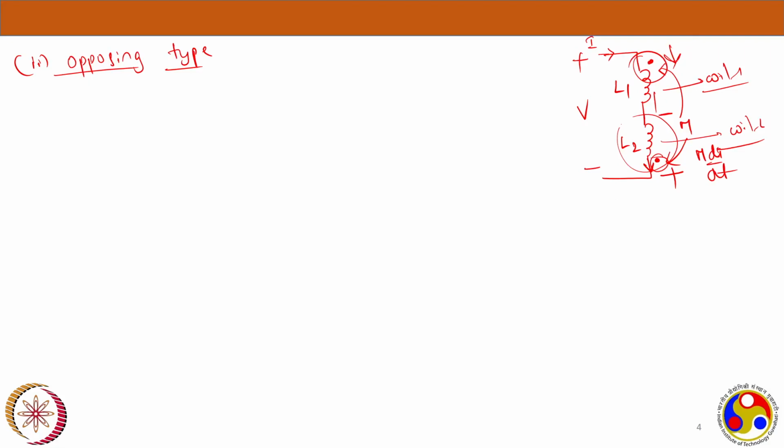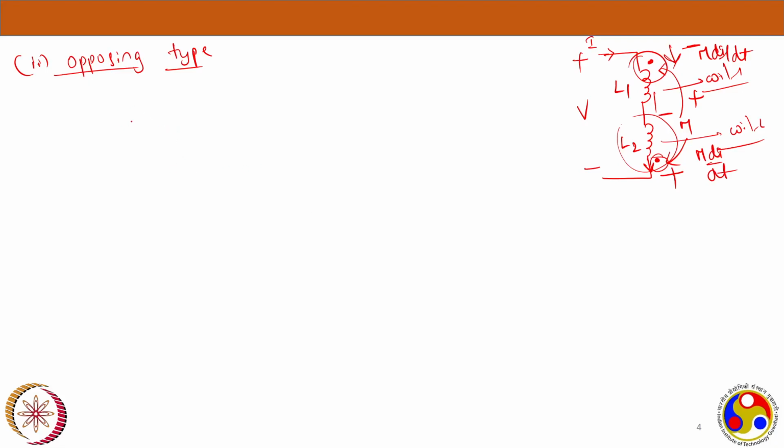Now, where is the dotted terminal in coil 1? It is here. So there will be negative here and positive here. Magnitude is the same, M di by dt. I hope it is clear now. It's nothing that confusing. It's only based on the current entering or leaving the dotted terminal. We can decide the polarity of the voltage induced in the opposite coils.